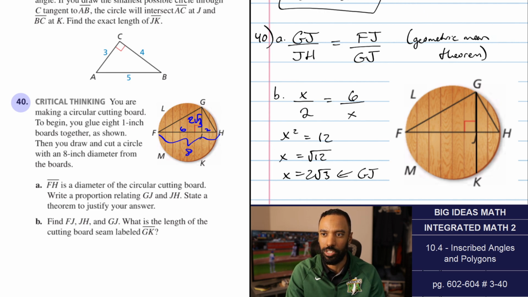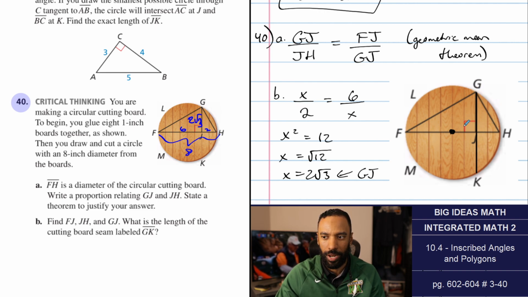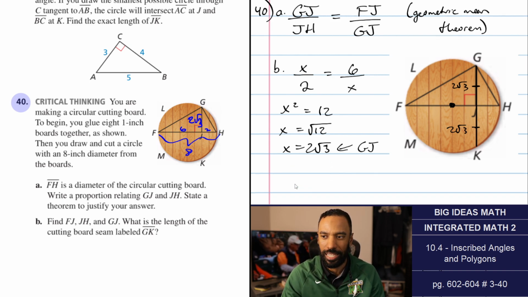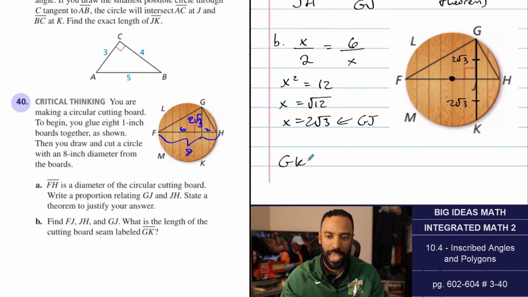G to K, we're going to double that. Now, how come? This is a diameter. I think they said it's a diameter. A diameter intersects a chord. When it intersects it perpendicularly, it bisects the chord. So if this is 2 root 3, then this is 2 root 3. Now, those are exact values. So the length of G to K is going to be 2 times 2 root 3, which is 4 root 3.